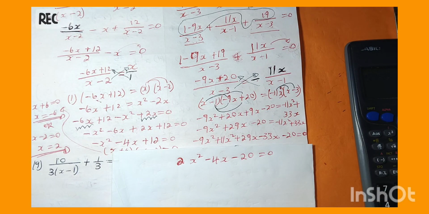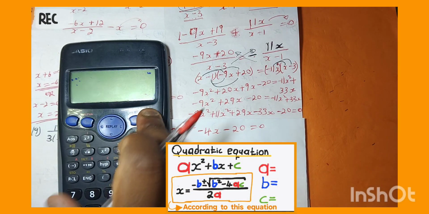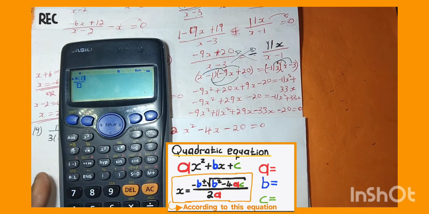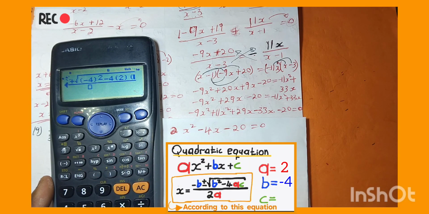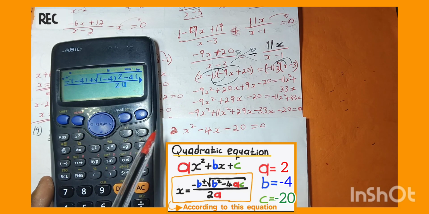So now what you have done guys, you have formed a quadratic equation. So after forming a quadratic equation, let's press that thing on our calculator, which is this one. And then here it's minus 4 plus minus 4 squared minus 2, and there it's minus 20, minus 20 divided by this thing there.